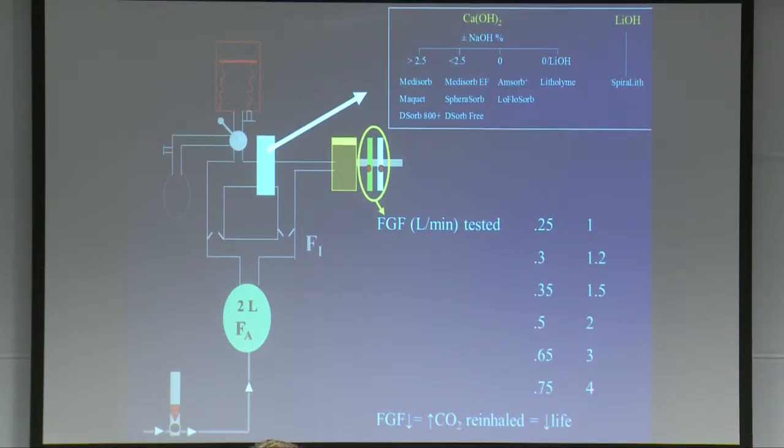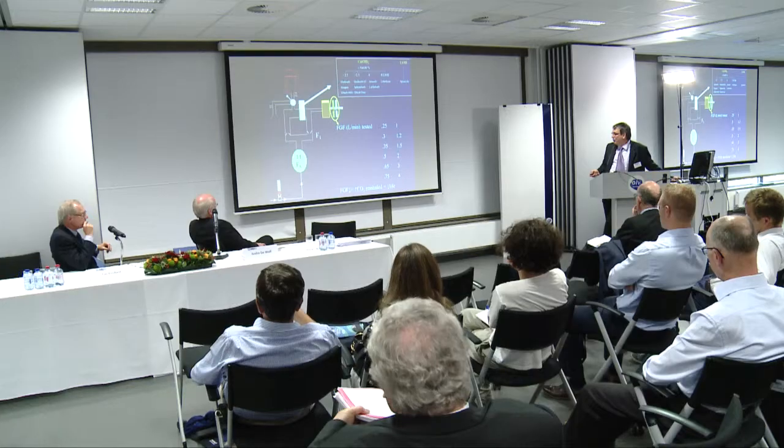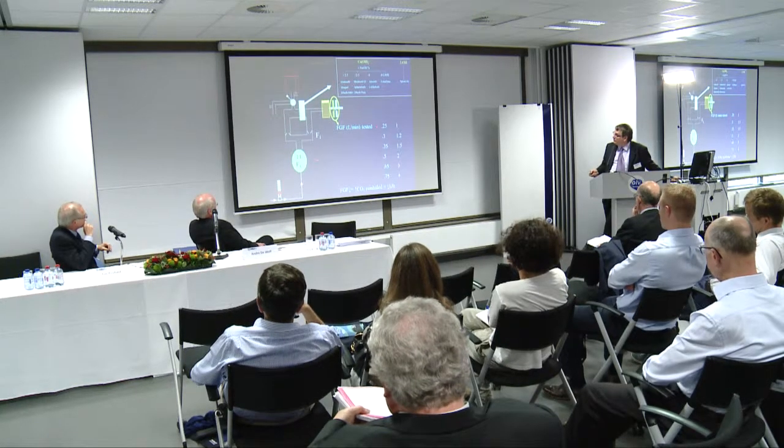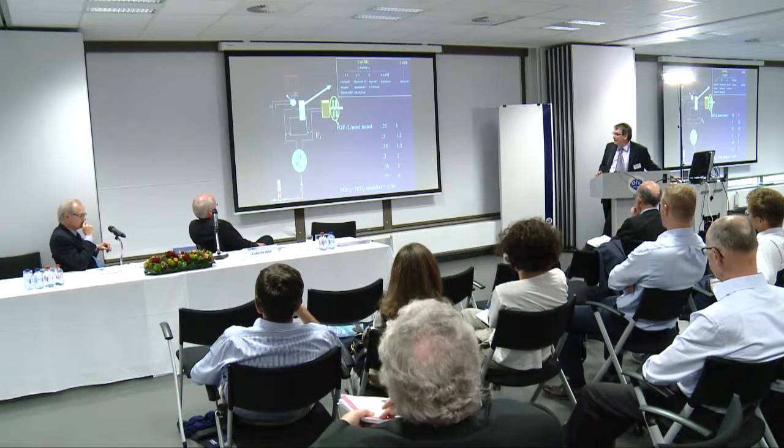So, Medisorb, 12 canisters, I test one with 0.25 liters per minute, one with 0.3, 0.35, etc., up to 4 liters per minute. So I finish this one, I take a new canister, the second one, I go to the other fresh gas flow, and I test 12 canisters with different fresh gas flows in this setup. You may expect, of course, that the lower the fresh gas flow is, the more rebreathing there will be, and the shorter the canister life will be.